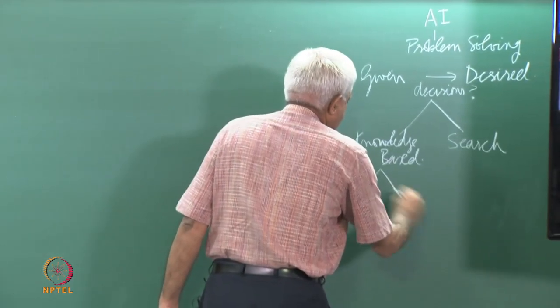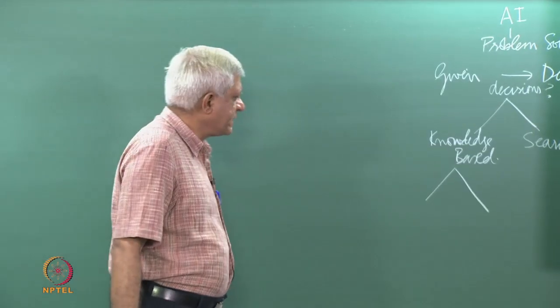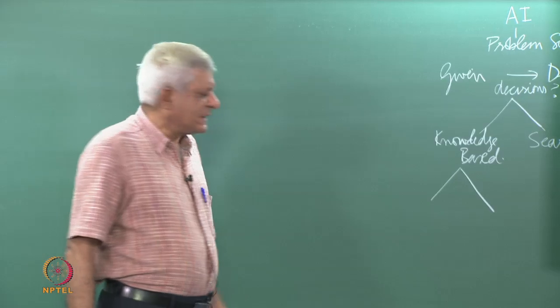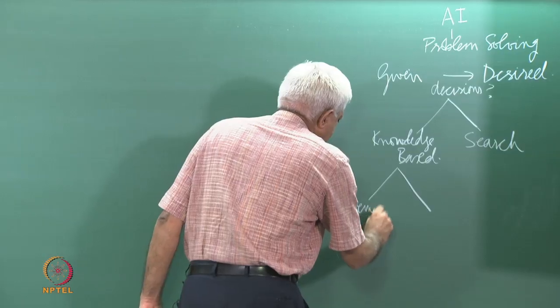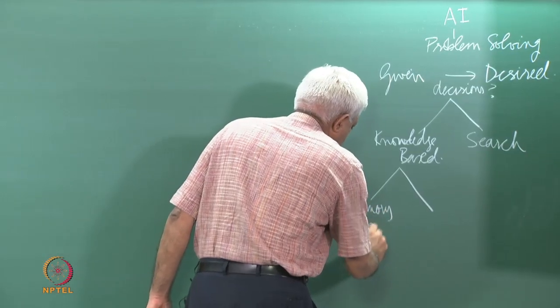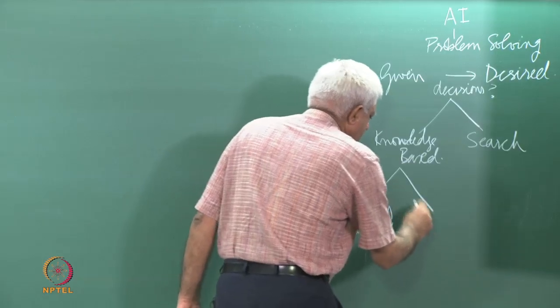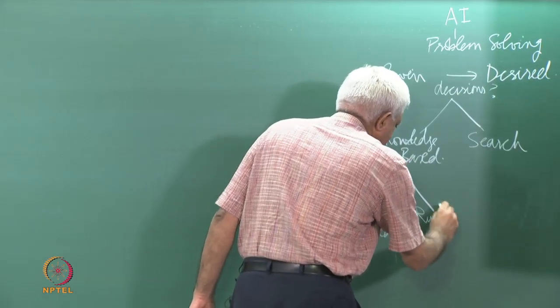But given the knowledge, we want to exploit those techniques. The knowledge based techniques themselves could be classified into two kinds, which is memory based and rule based.